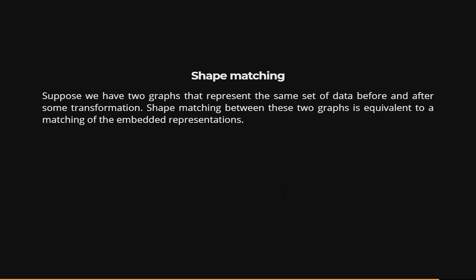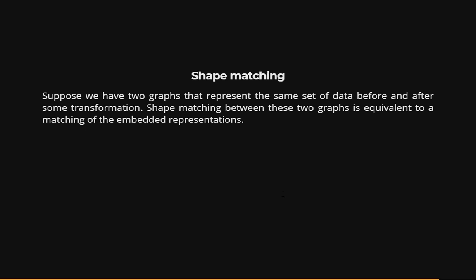It has joints and so on. Maybe a human body, for example. Then maybe you want to match the points of this data set before some movement and the points after some movement.